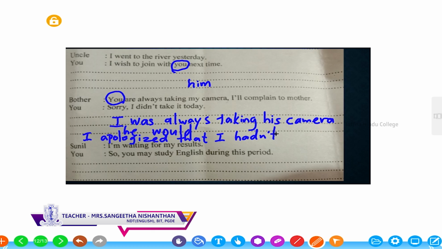That is in past tense, so I have to change it into past perfect. I hadn't taken it on that day.